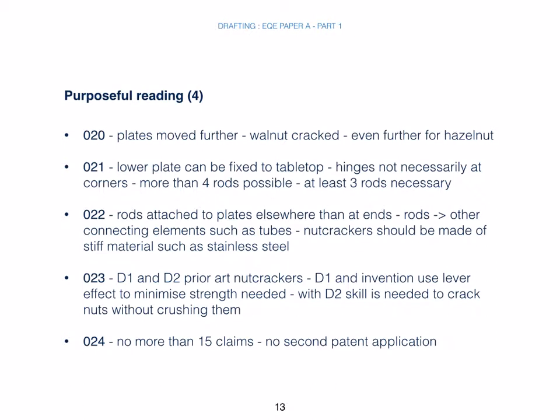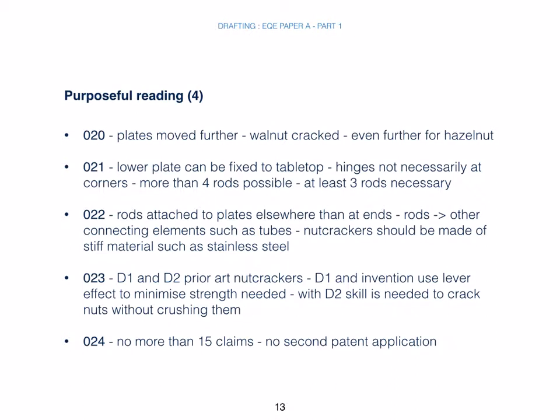Paragraph 21. To make the nutcracker more stable when standing on a table, the lower plate 2 can be fixed to a surface, for example, the tabletop. Furthermore, the hinges do not have to be arranged at the corners of the plates. The nutcracker could have more than 4 rods.